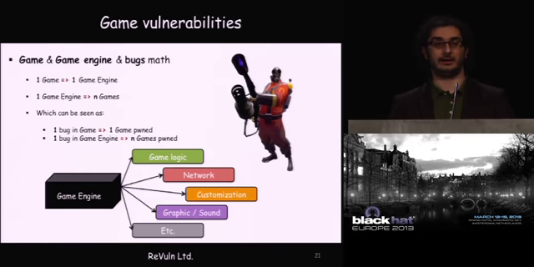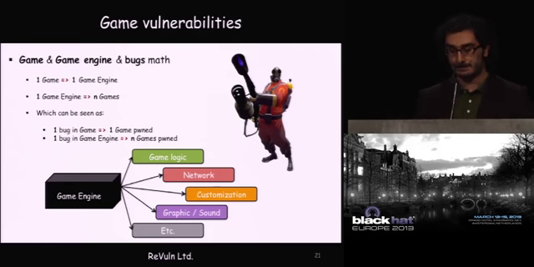So if you are lucky enough to find a vulnerability inside a game engine, this vulnerability will be very valuable, because you are very likely to be able to exploit the same vulnerability across different games.